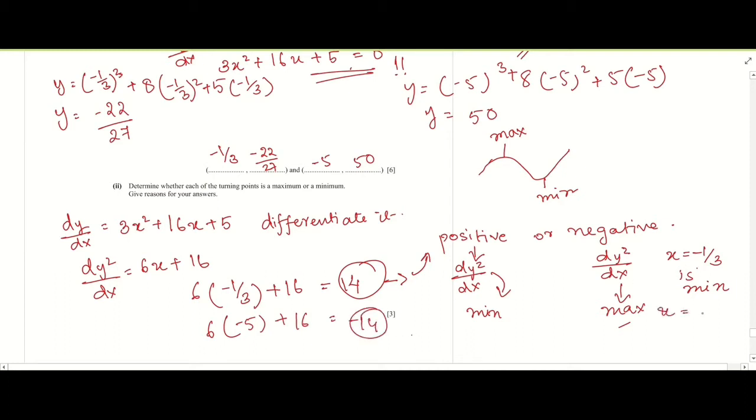Remember, you don't need to care about the actual values that you get. You only care whether the value is positive or negative. Since you got negative, when your x is equal to negative 5, your second derivative was negative. That means this turning point at x equals negative 5 is a maximum. That's all for this question.